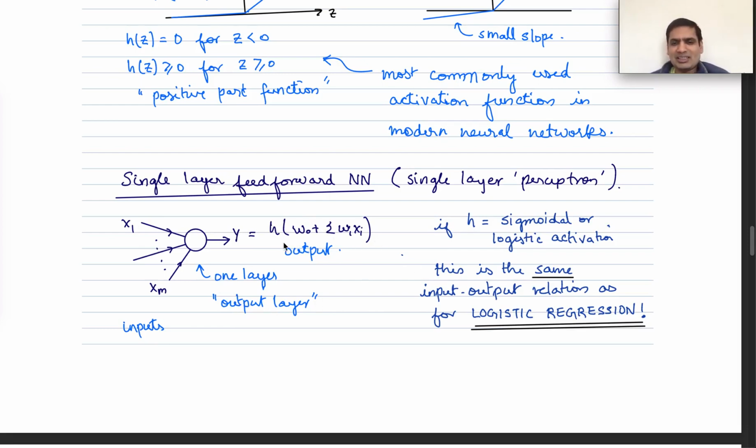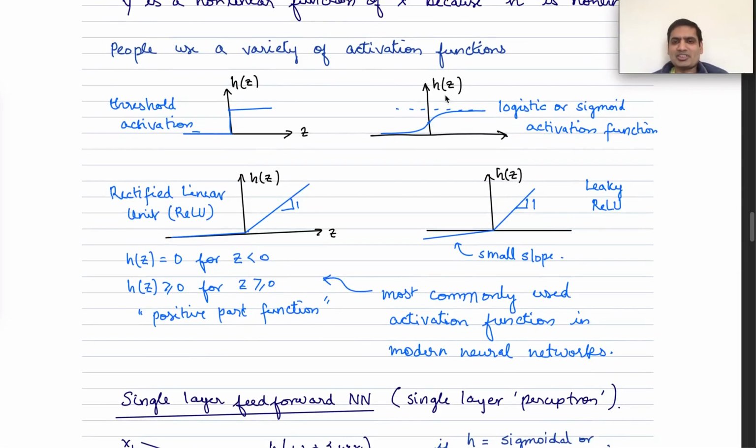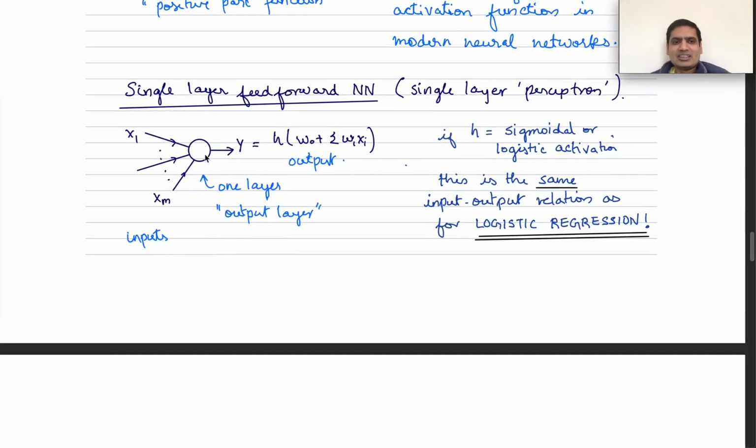It turns out that if h is the sigmoidal or the logistic activation, this relationship between the output and the input is exactly the same as what we used for logistic regression. In logistic regression, specifically binary classification, what did we do?